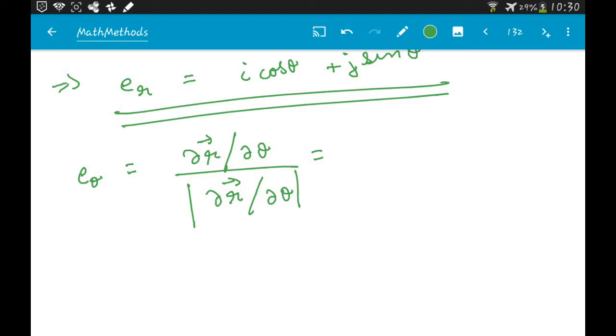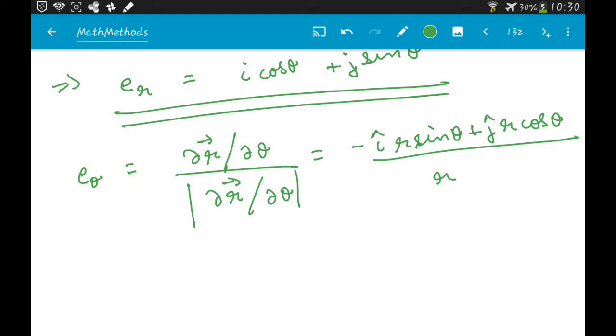You are going to get it as minus i r sin theta plus j r cos theta. And this is going to be your r. So ultimately you will get minus i sin theta plus j cos theta.